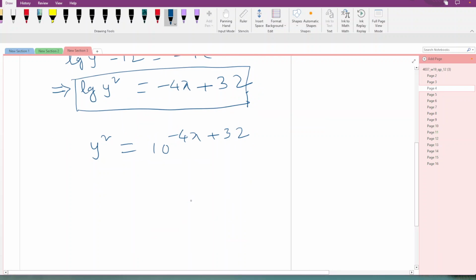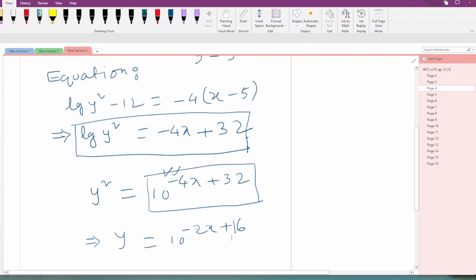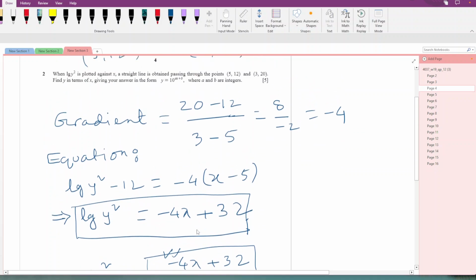Now y equals the square root of this whole thing, or the power of this whole thing is half. Therefore y equals 10 to the power minus 2x plus 16. And question 2 is done.